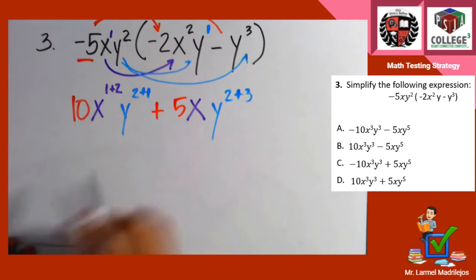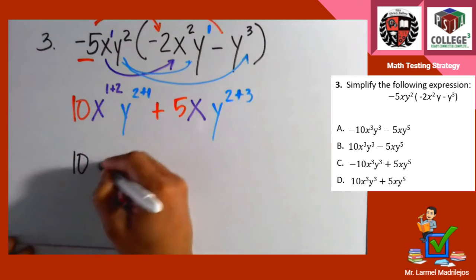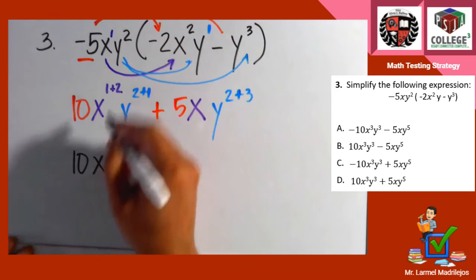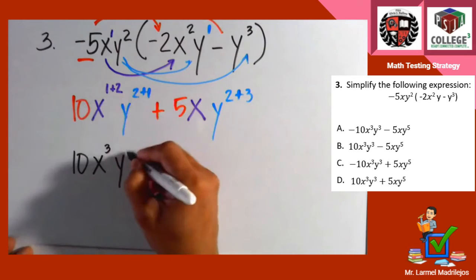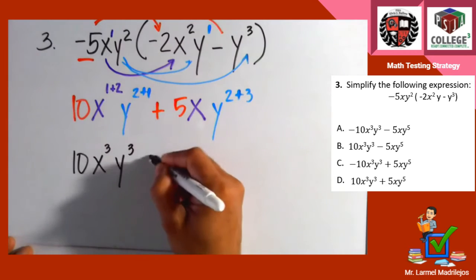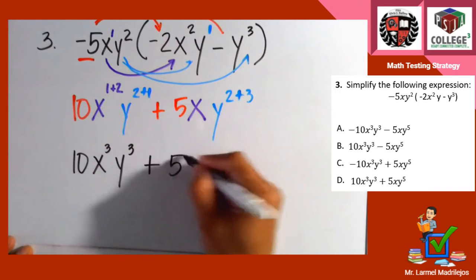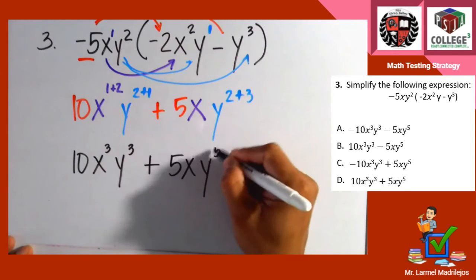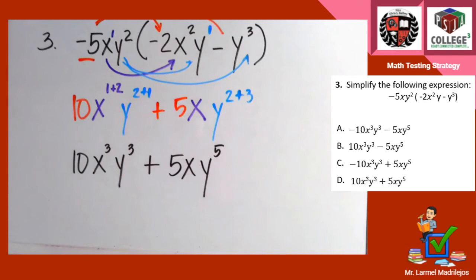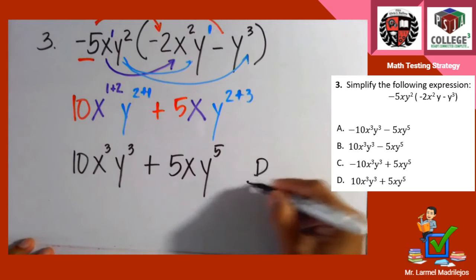This finalizes it. This is going to be 10x, so 1 plus 2 is 3. This is y, 2 plus 1 is 3. Plus 5x y, 2 plus 3 is 5. Okay. So the answer here is letter D.